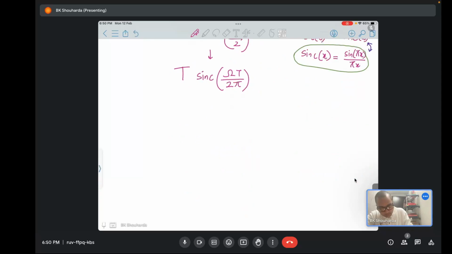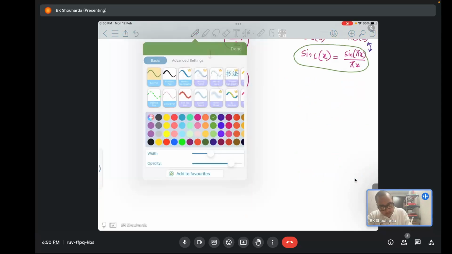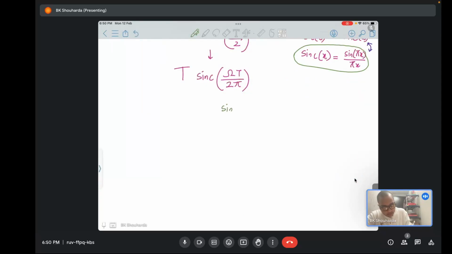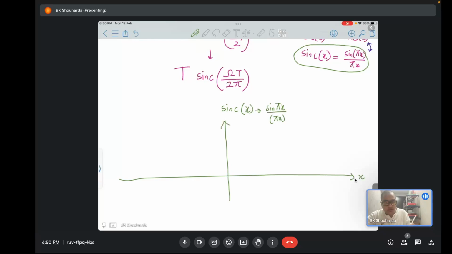Let me do it once and for all. How does the sinc function look like? If I do sine pi x upon pi x, at x equal to 0 it will be a 0 upon 0 form, and then you apply L'Hopital's rule, you get the value 1.